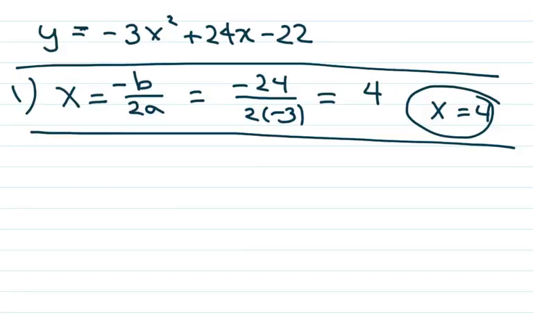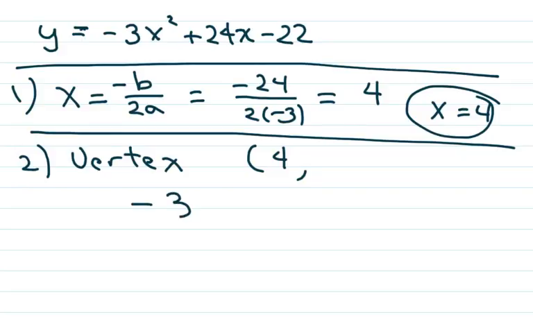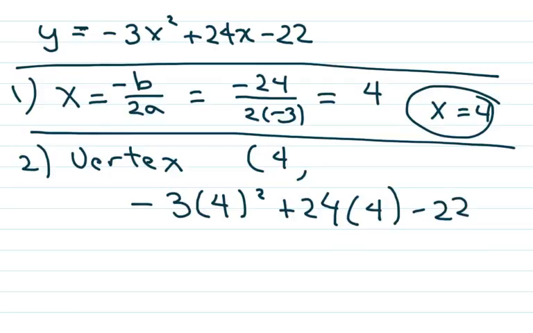Now I want to find my vertex, which the 4 is part of. And so all I do is plug in my 4 in here. And that looks way too big. So negative 3 times 4 squared plus 24 times 4 minus 22. So all I did was plug in my 4 here.